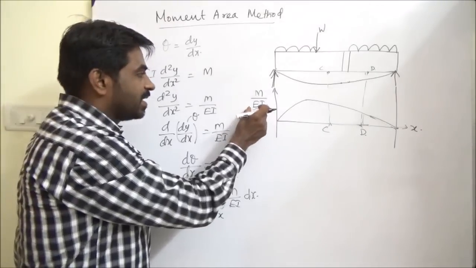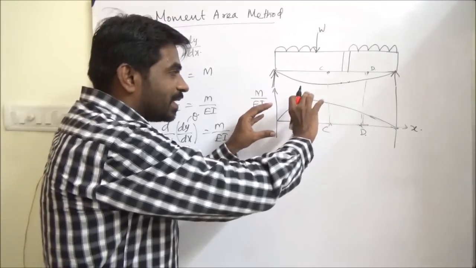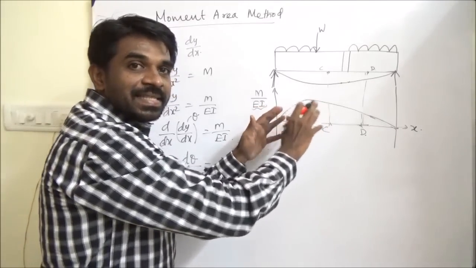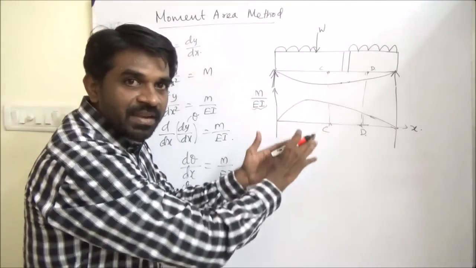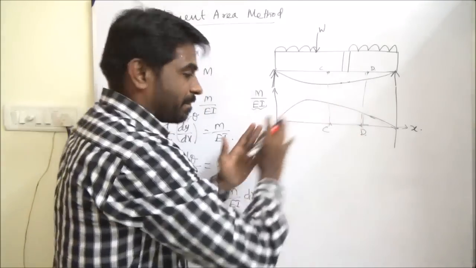Flexural rigidity. If we divide this, what will happen to this bending moment diagram? There is scale reduction, but the curve behavior is the same.